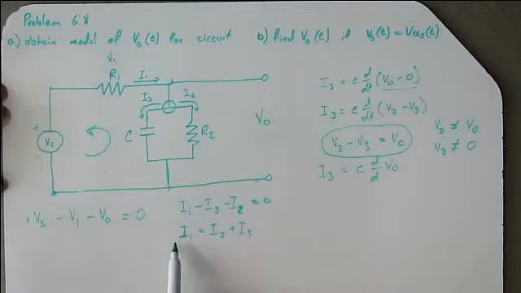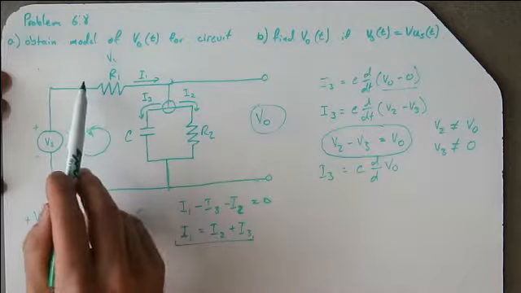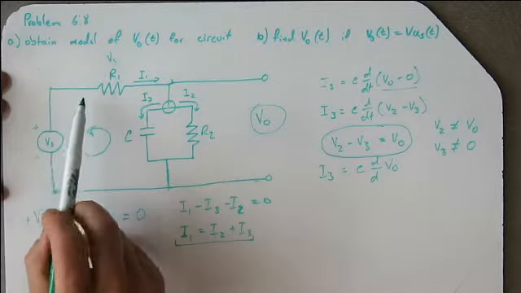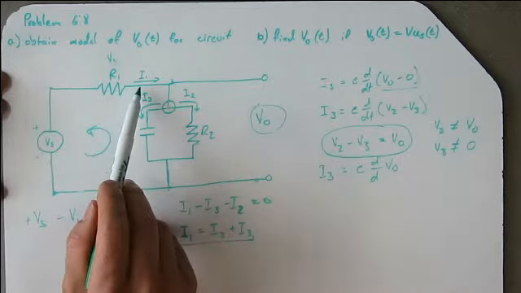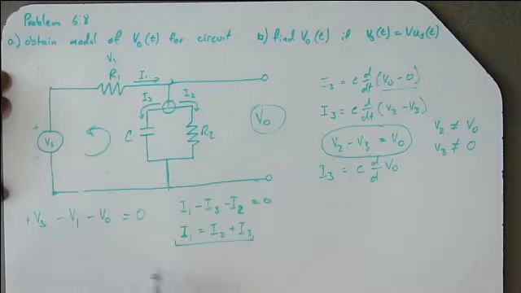So then we will take our relations between current and voltage and plug them into here using this equation and this equation, and we'll come up with the form of the differential equation for V out. So the current I1, the current here, is going to be equal to the voltage drop across R1 divided by this resistance R1.